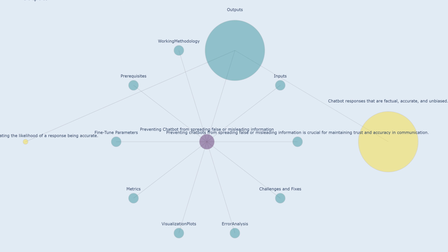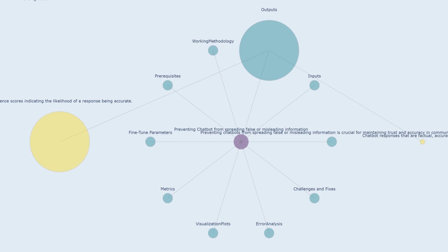Outputs. Chatbots should strive to generate responses that are grounded in facts, accurate, and unbiased. This ensures that users receive reliable information and are not misled by the chatbot's responses. Confidence scores serve as a crucial indicator of the chatbot's certainty regarding the accuracy of its responses.